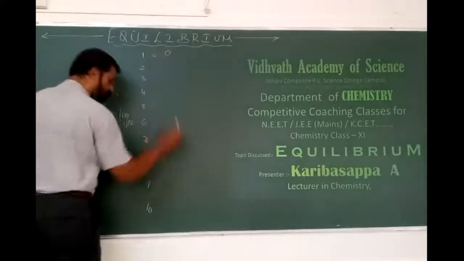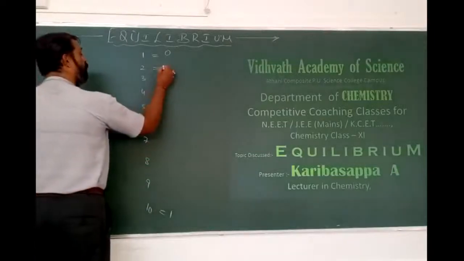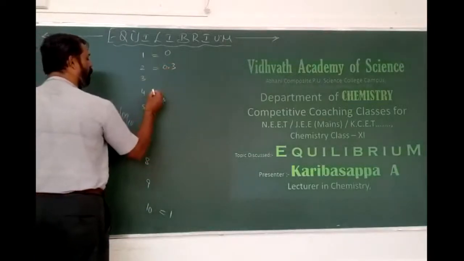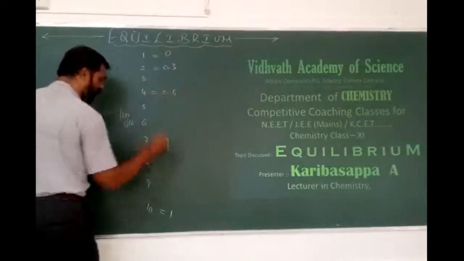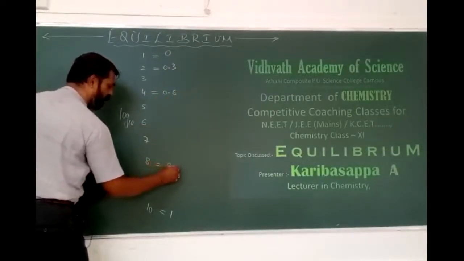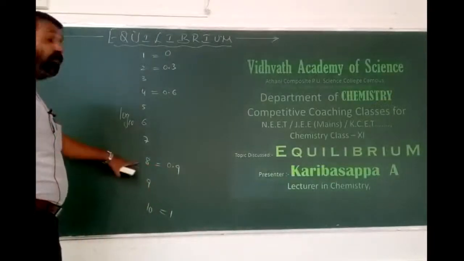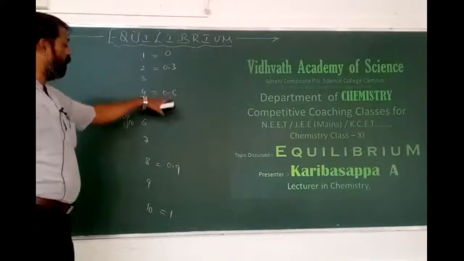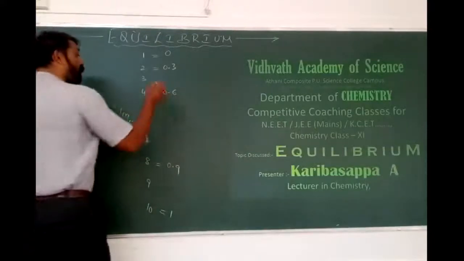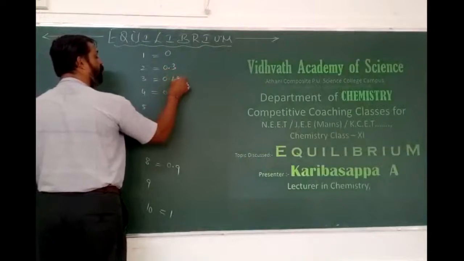Log 1 is 0 and log 10 is actually 1. Log 2 is remembered as 0.3, log 4 is going to be 0.6 and log 8 is going to be 0.9, because it is 2 square and then 2 to the power of 3. Log 3 is 0.4771, remembered as nearly 0.48.